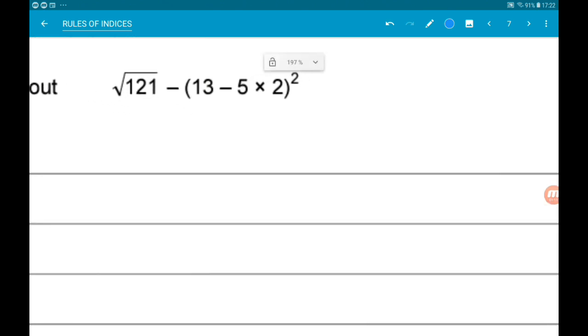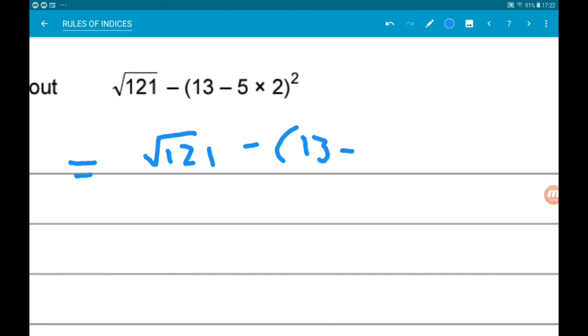So we can say then this is root 121 minus, now by bit mass we have to do the stuff inside the brackets first. Inside the brackets we have to do 5 times 2 first. So we get 13 minus 10, squared.